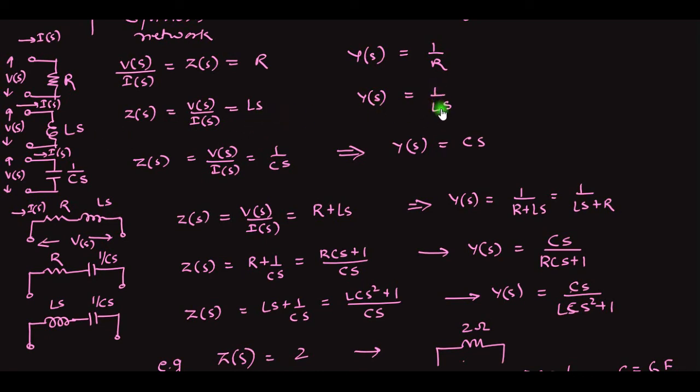Similarly, if we encounter a driving point admittance of this form, then we would say that this can be realized into a simple inductive network.